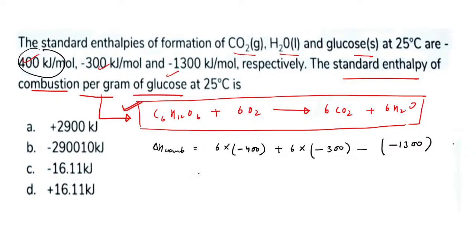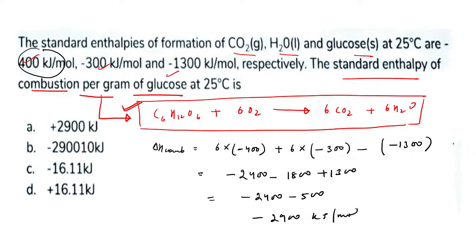So now just calculate this value and tell me what answer you're getting. So this is minus 2400 minus 6 into 300, that is 1800, and plus 1300. Right, so this value we are getting, everyone, is it clear?